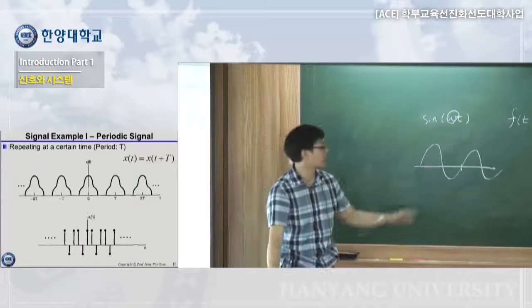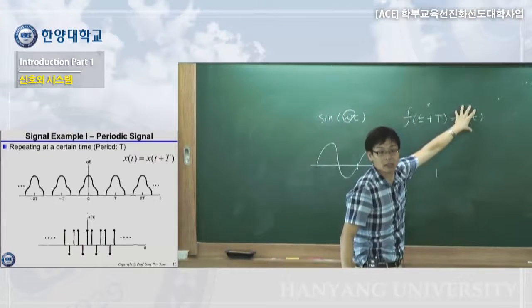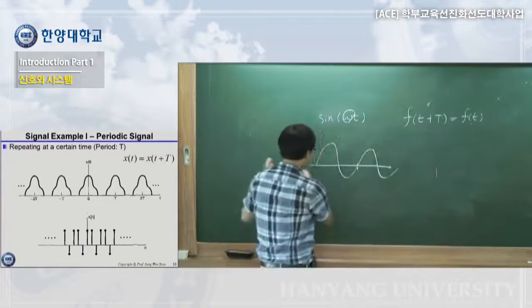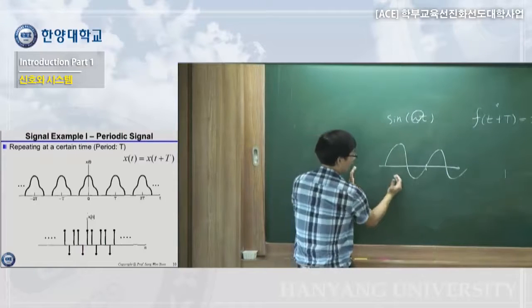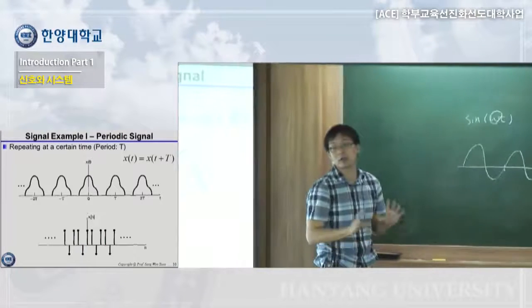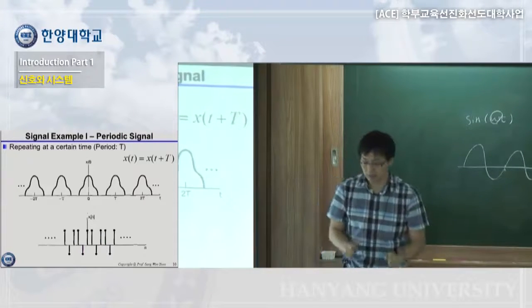What this says is that a set of signal, which is called f(t), keeps on repeating by period of T. A set is here, a set is here, a set is here, by spacing of T. That's how we define a periodic signal. Got it?